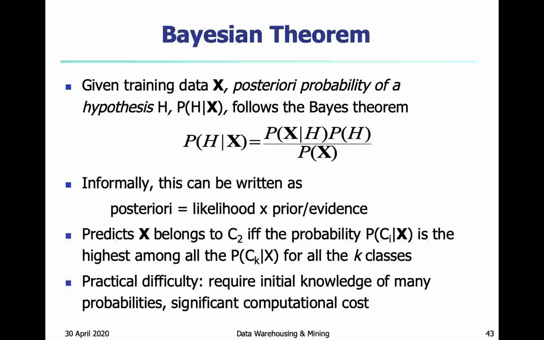So this is the Bayes theorem: P(H|X) equals P(X|H) times P(H) divided by P(X). It requires the concept of probability to use the Bayes theorem.